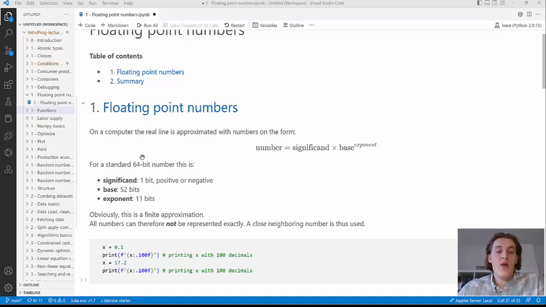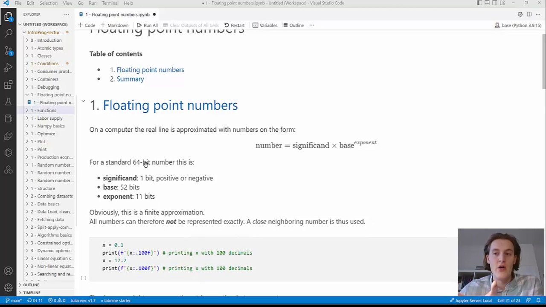The way the computer does this in practice is it approximates the number using something called a significand, which is basically 1 or minus 1, so just whether this is a negative or positive number, and then it approximates the number by taking an integer to the power of another integer. For a 64-bit number, the bits are the 0s and 1s the computer uses to store integers.